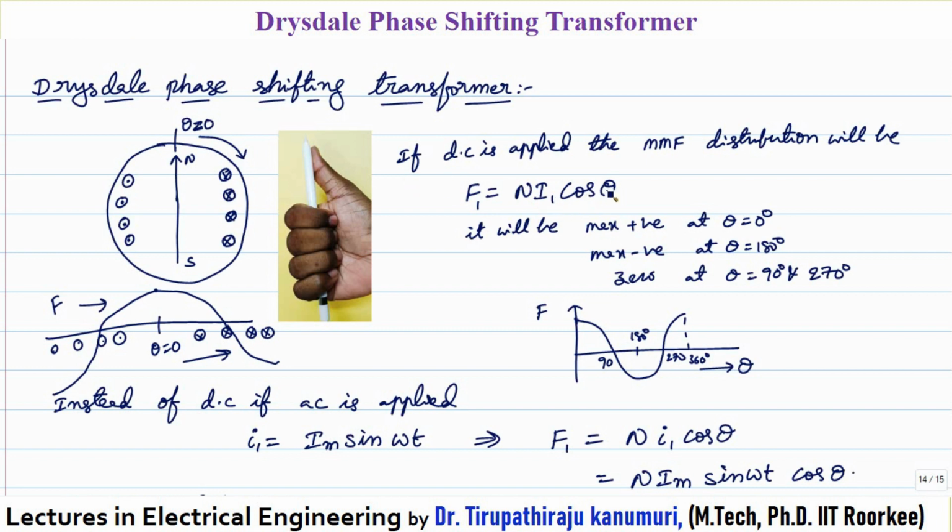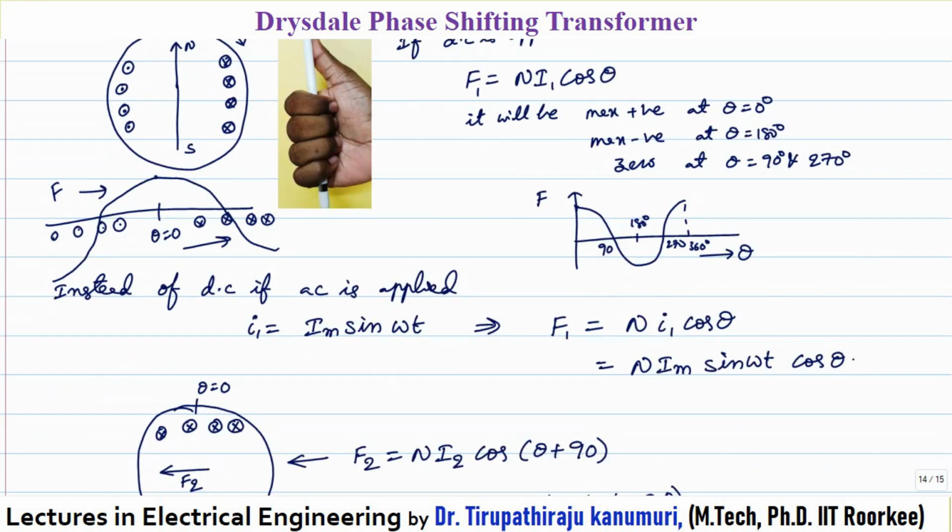At theta equal to 0 it will be maximum. When theta is 90 degrees or 270 degrees it becomes 0. At theta equal to 180 it becomes negative. So this condition is also satisfied. The same MMF distribution is shown here: F is maximum here, 0 at 90 degrees, and it varies like this. Getting it?